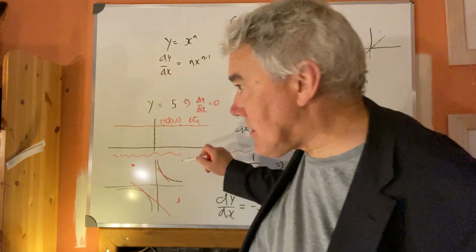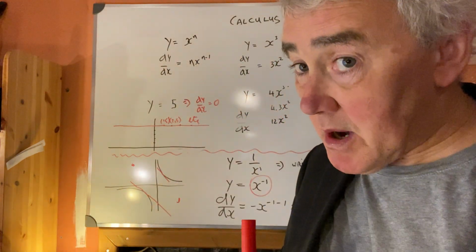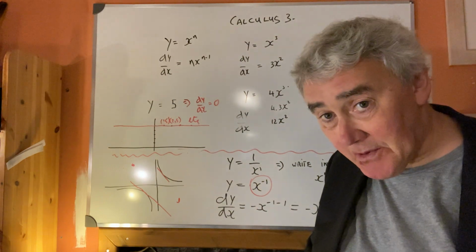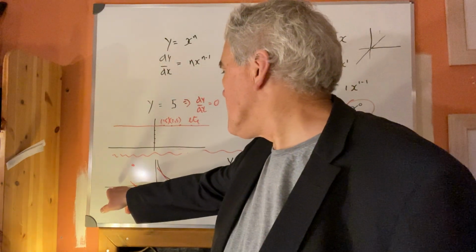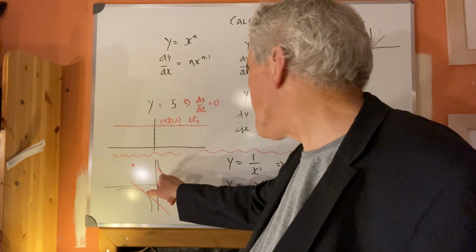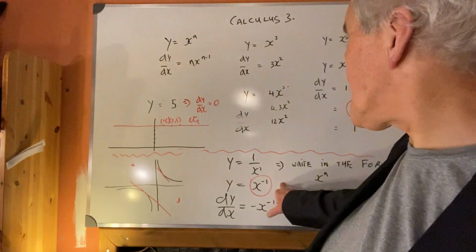No matter where we go on those two curves, the slope will always be negative. It's always a hill you're going down, in other words. You're walking down here, down, down, down, or here, down, down, down. That's that.